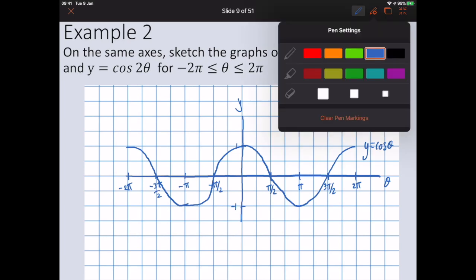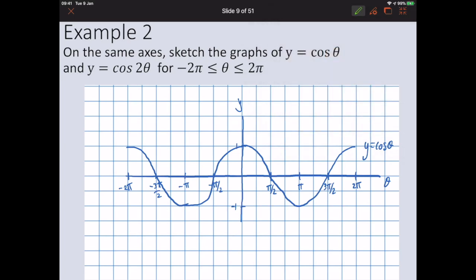And we change colours to green. So cos 2 theta is going to give us a stretch in the x direction by a scale factor of 1/2. The way I think of it is that we need to get 2 full cos waveforms in the space where we had 1 before.